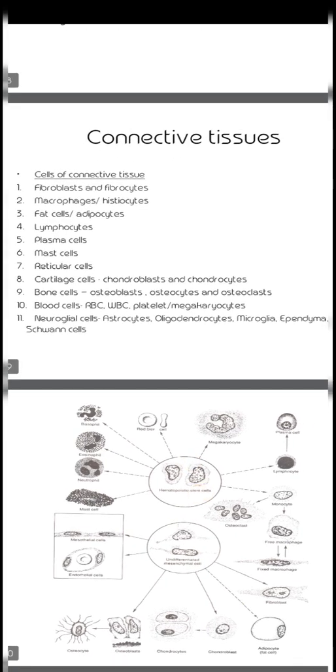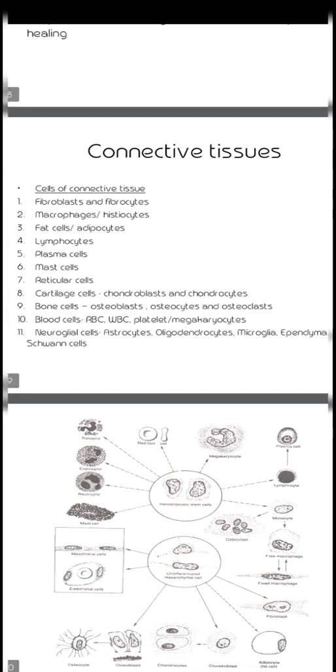Cartilage cells such as chondroblasts and chondrocytes are those. Chondroblasts are immature cartilage cells, chondrocytes are mature cartilage cells. They form the padding, they form the structure which is present between the joints of different bones.